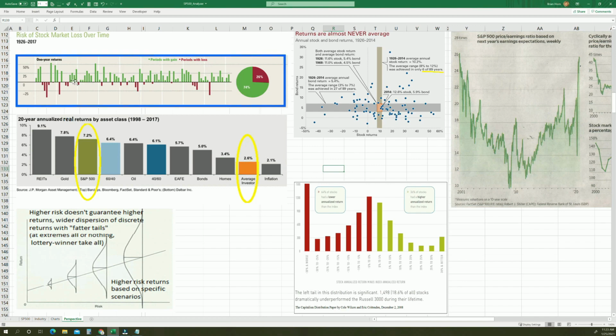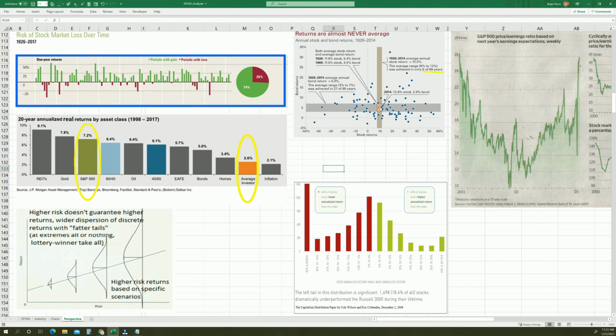Looking at the year-by-year magnitude of the returns, you notice that the returns are rarely an average of 10%. Here to the right, the chart titled "Returns Are Almost Never Average" shows the distribution of the S&P 500 index returns from 1926 through 2014. It shows the returns were between 8 to 12% only 8 times over the 88-year period.